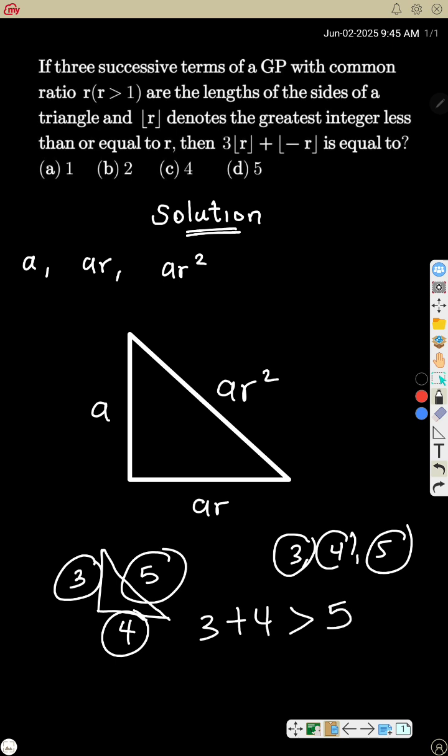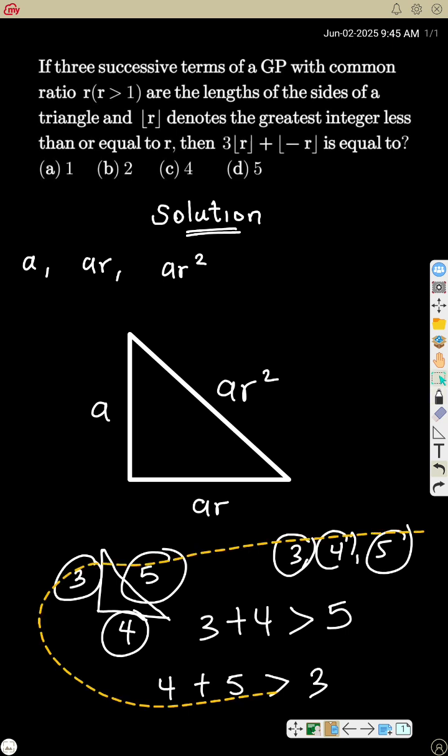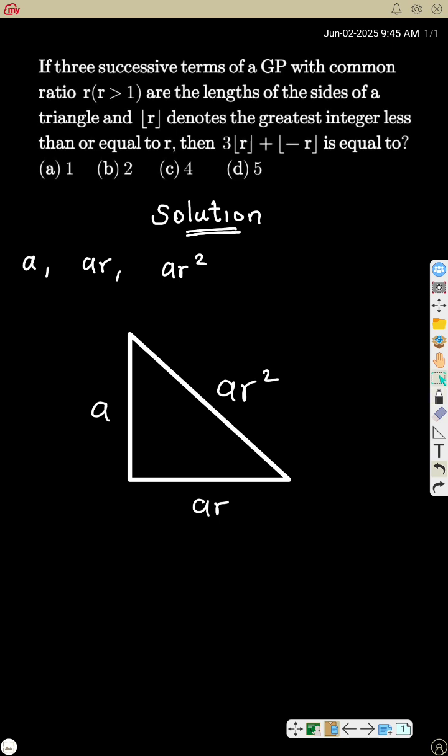So that's what the triangle inequality states. If you choose 4 and 5, 4 plus 5 is greater than 3. So if the sum of any two sides is greater than the third side, then you can form a triangle.